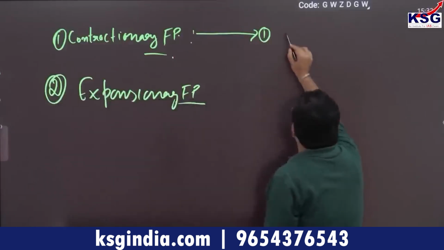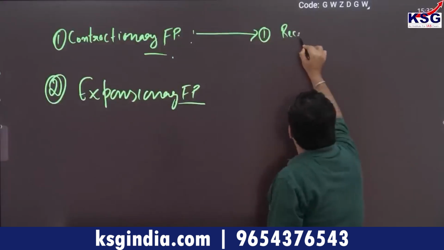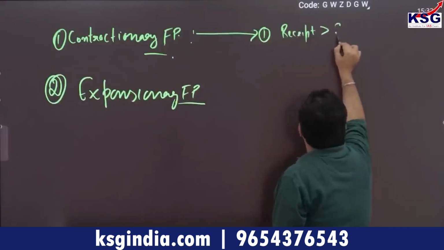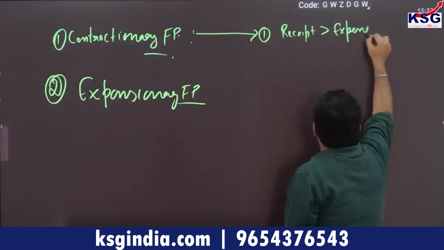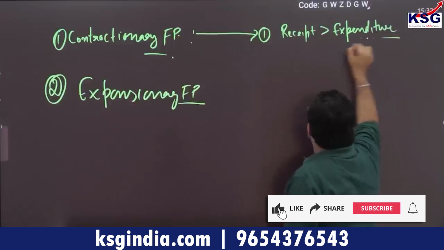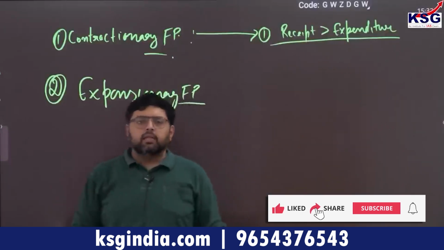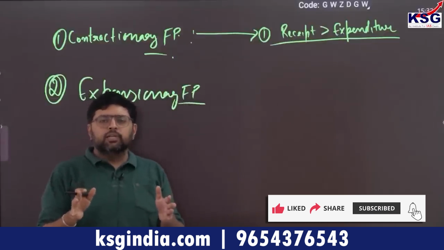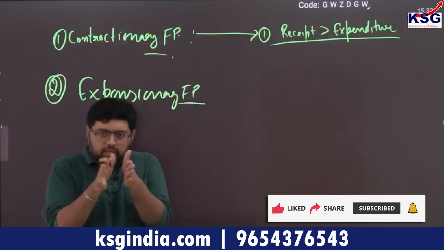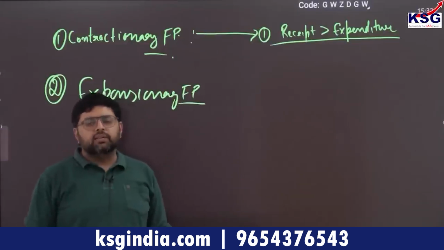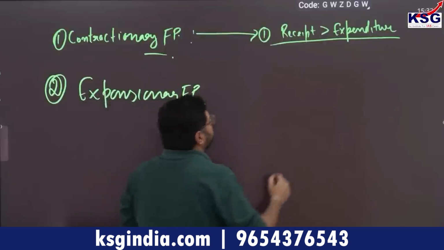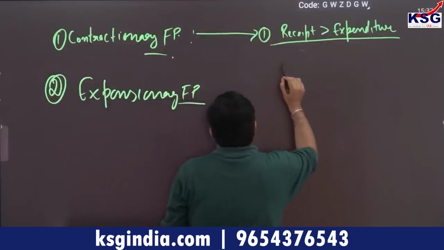Clear? So ultimately when your receipts are more than expenditure, or you can understand in this way that if suppose your expenditure is also more than receipts but you are trying to reduce it, so it means you are moving towards contractionary fiscal policy. Okay, so this is what you have to understand.